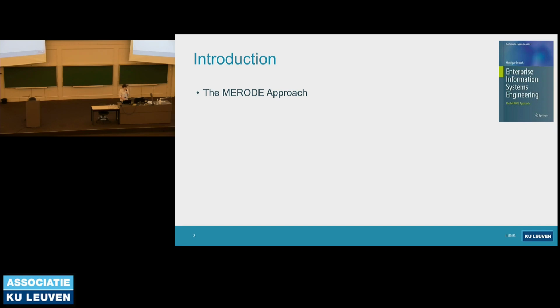The Merode approach is a very good framework to teach this because it consists of a layered architecture. On the bottom, we have the enterprise layer where the domain model is included. So the domain model consists of a UML class diagram and also behavioral aspects modeled in finite state machines.